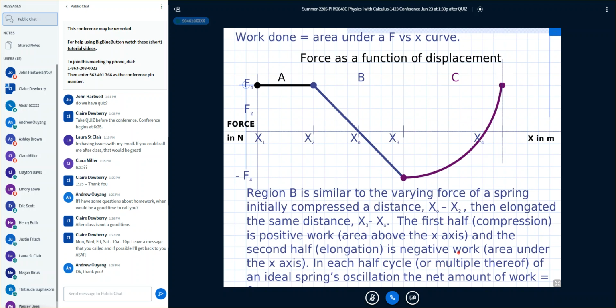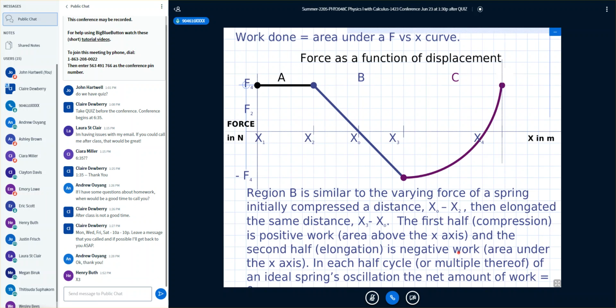What that line tells you is the force is changing constantly from a plus F sub 4 to a minus F sub 4. And what is your question? What does that line tell you? Well, first of all, the force is acceleration, or? All right, first of all, it tells you that the force is changing consistently.